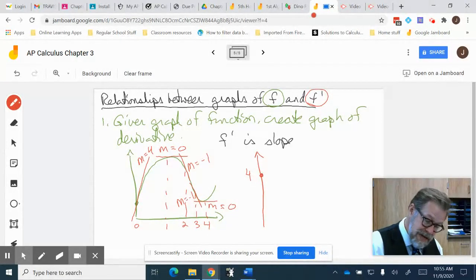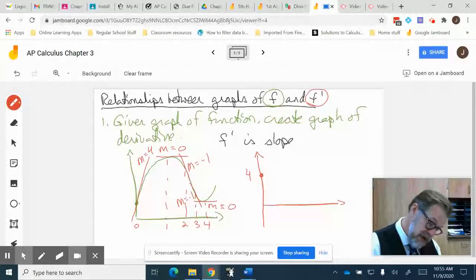Here we go. I've got a slope of 4. I've got a slope of 0. I've got a slope of -1. I've got another slope of -1. And I've got a slope of 0.